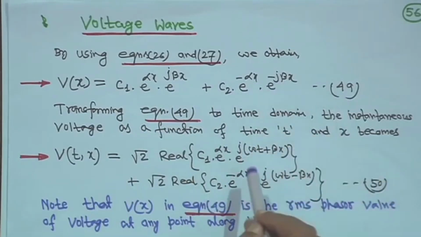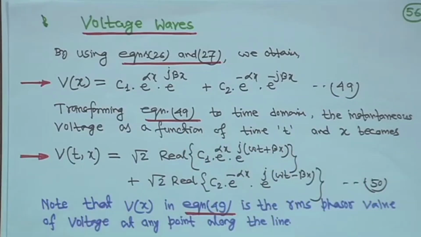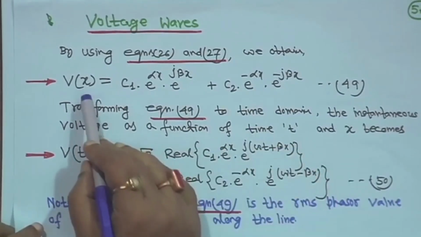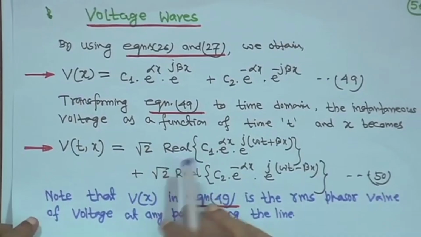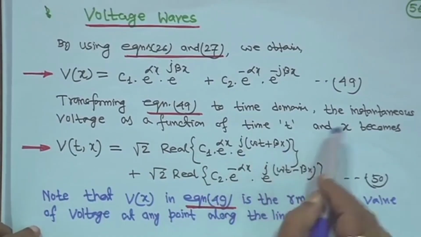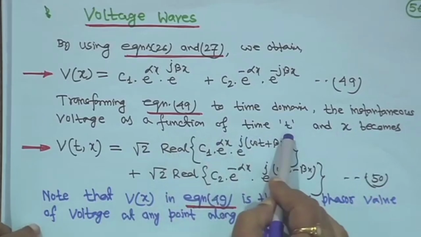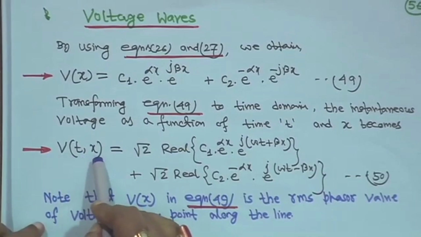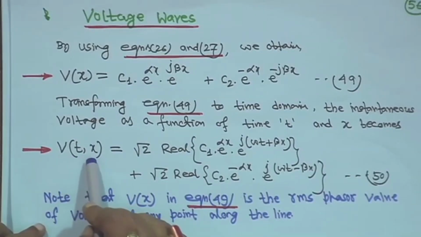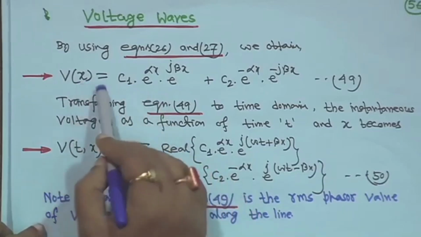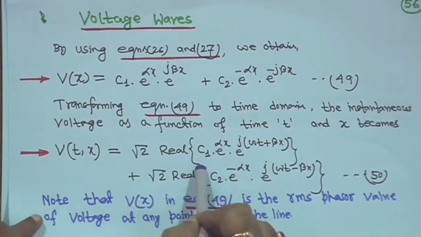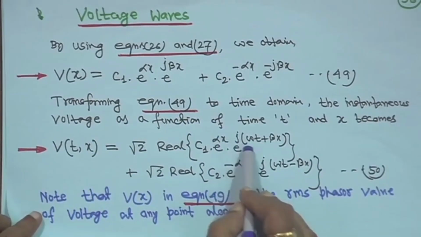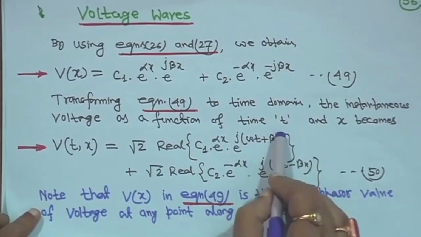This is equation 49. Now, this equation 49 you have to transform to the time domain, because this V x value is an RMS value. If you transform it to the time domain, the instantaneous voltage is a function of time t and distance x, so you can write V of t comma x. As this is an RMS value, it will be root 2 into the real part of C 1 e to the power alpha x, then e to the power j omega t plus beta x, because we are considering the time domain.